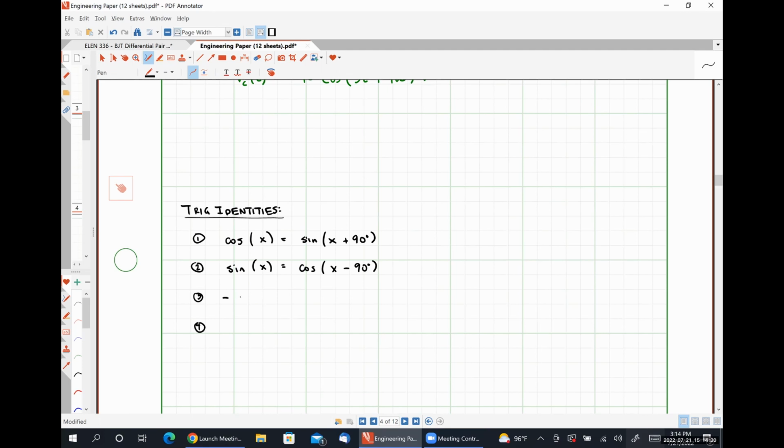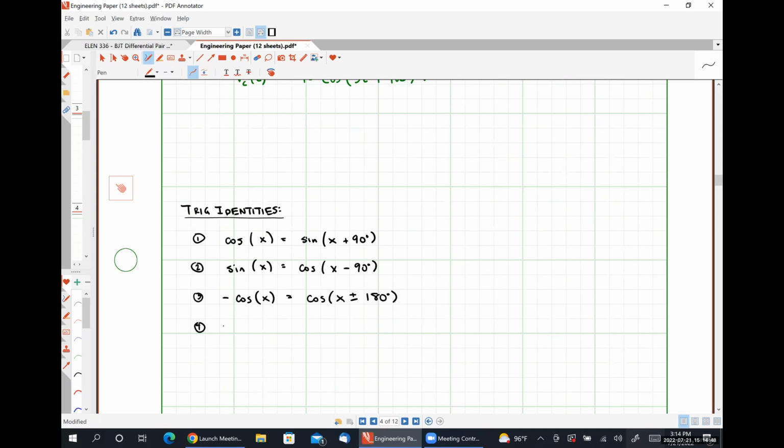will be that negative cosine of x is the same thing as positive cosine of x plus or minus 180 degrees.